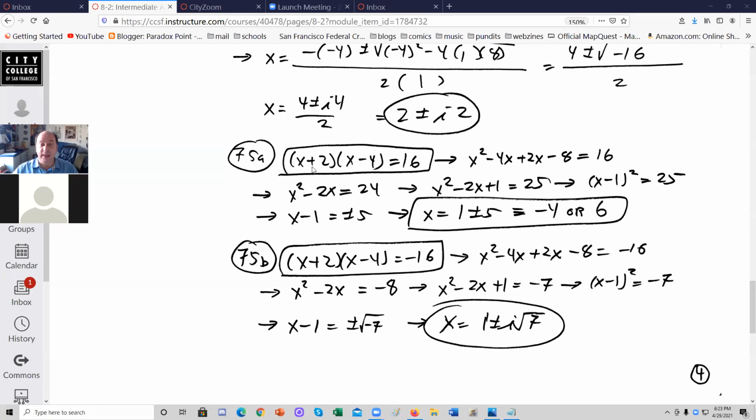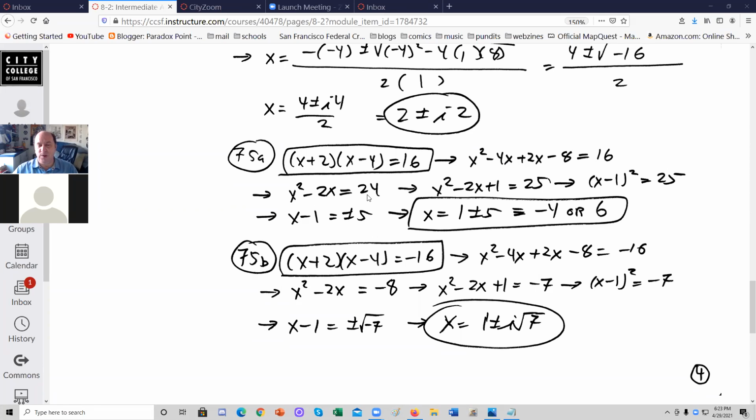So I expand this. x squared here, minus 4x here, plus 2x here, minus 8 here equals 16. Okay, so combine these to get x squared minus 2x. Transpose the 8 to the other side. 16 plus 8 is 24 on this side. x squared minus 2x equals 24.